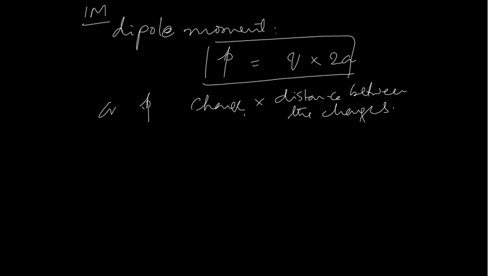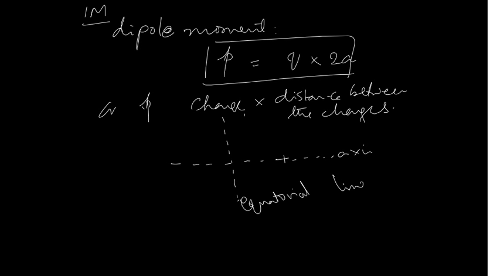In a similar way, now if I have a dipole, this minus and the plus, the line joining these two is called the axis. The other one which is perpendicular, that is called the equatorial line. If I draw a perpendicular line, a perpendicular bisector like this, it is called the equatorial line.